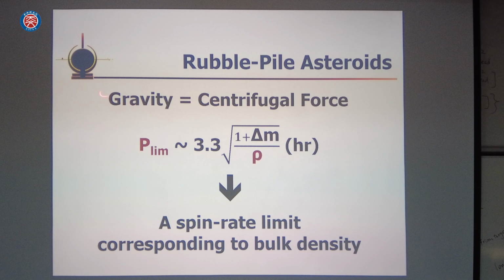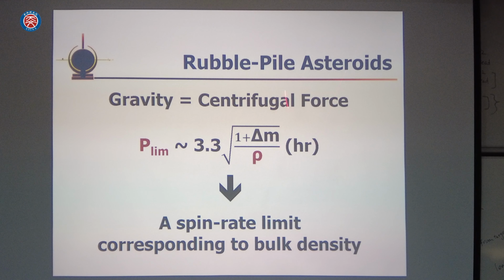When you balance the gravity and centrifugal force, you eventually get this equation. It tells you that there is an upper limit corresponding to the bulk density of the asteroid. So if I do a survey of a group of asteroids and identify a spin rate limit, then in turn it will tell you something about their bulk density.